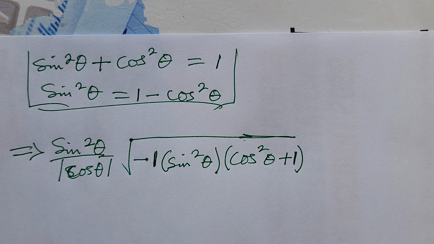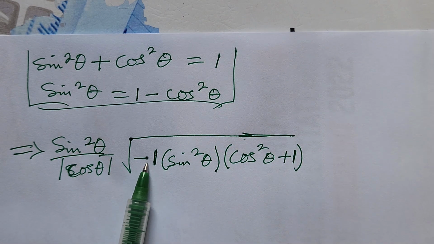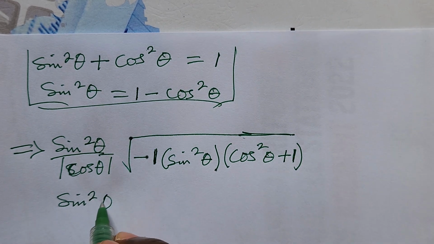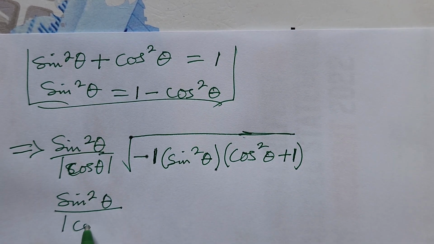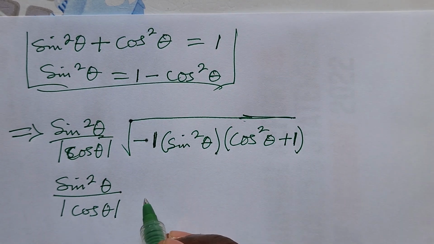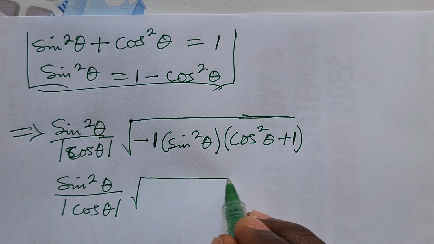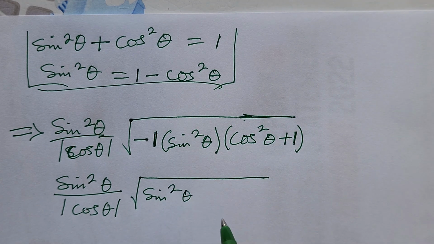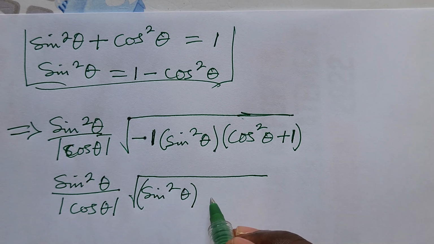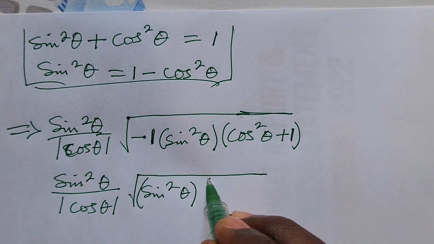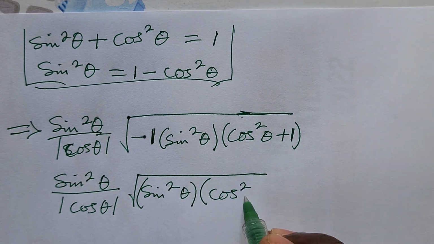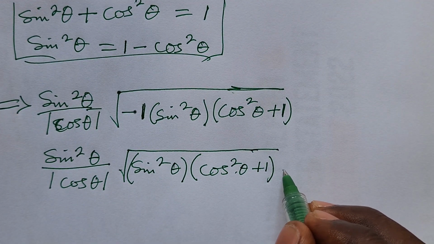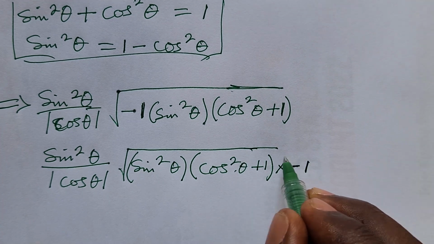Easy. Now we can bring this out again and push this in. So this will give us sine square theta all over the absolute value of cos theta, then into our sine square theta here in bracket, then we have our minus sign here. Then let's bring this first to our cos square theta plus 1 bracket into our minus 1. So let's put times minus 1 here.